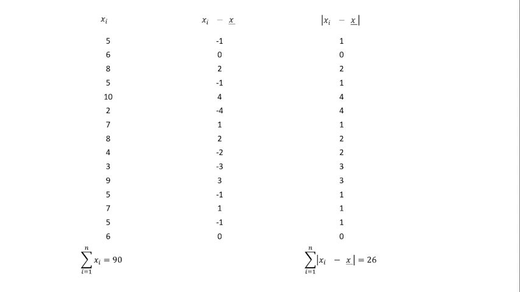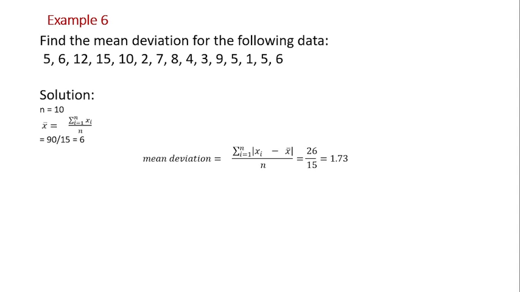So let's go back to the previous page. The mean deviation now is going to be that 26 that we got there, divided by 15, which is 1.76.